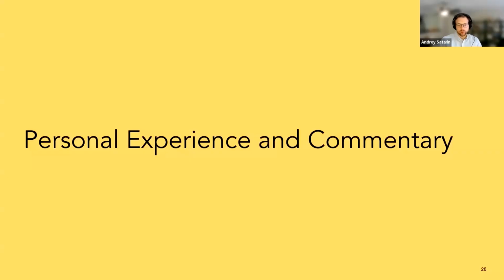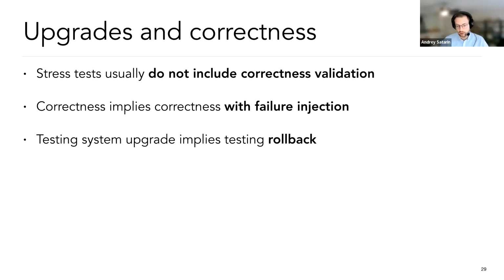With that, I want to transition from discussing the paper to my personal experience and commentary on the paper about upgrade testing. First of all, I guess they don't talk a lot about correctness on the upgrade path, because reusing stress tests or unit tests, where they say run it on version 1 and start it on version 2, does not imply that the results the system returns in those scenarios actually get validated as correct.